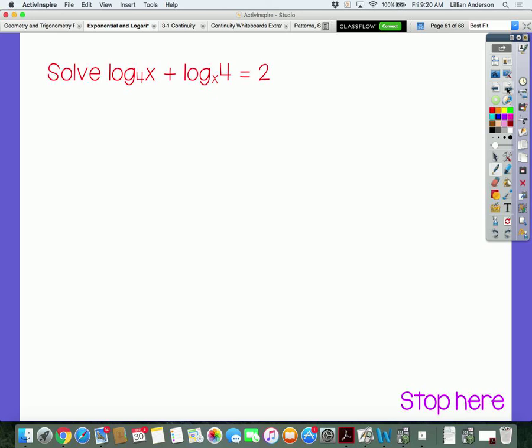Which base do you think would be the easiest to change? The second one. So let's take a look at just this part first. Using change of base, what base do I want to have? 4. So using change of base, I'm going to do log base 4 of 4 all over log base 4 of x.